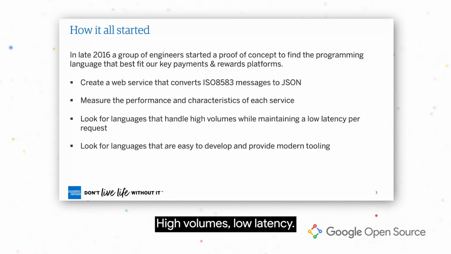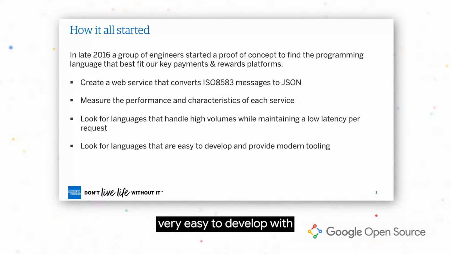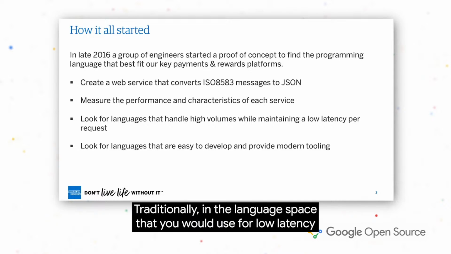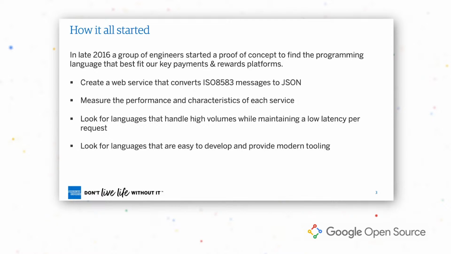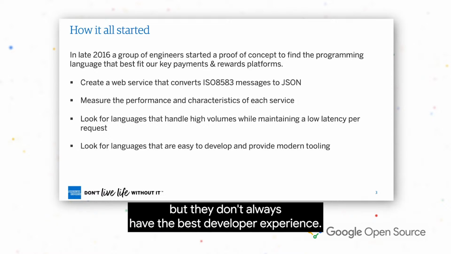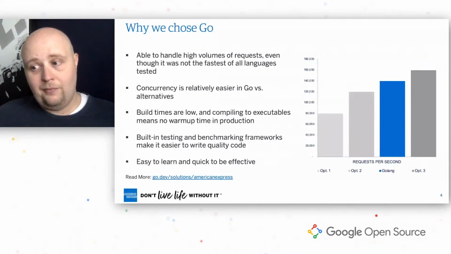High volumes, low latency. And we were looking for something that was also very easy to develop with, something that provided modern tooling. Traditionally, in the language space that you would use for low latency, modern tooling isn't always there. The languages are there, but they don't always have the best developer experience. We were looking for something that blended the best of both worlds. Spoiler alert, we chose Go.